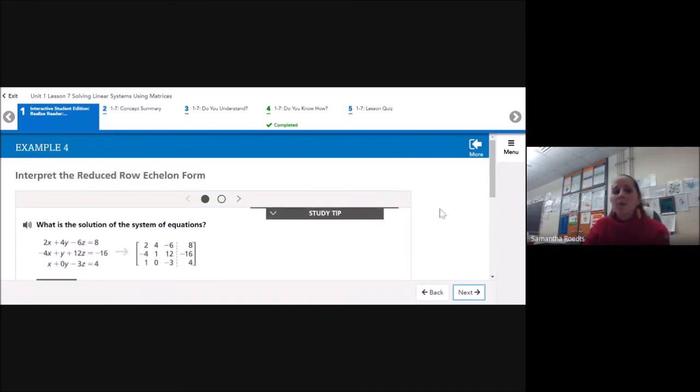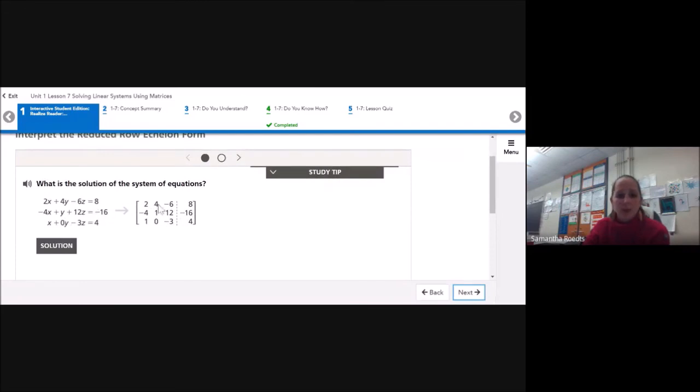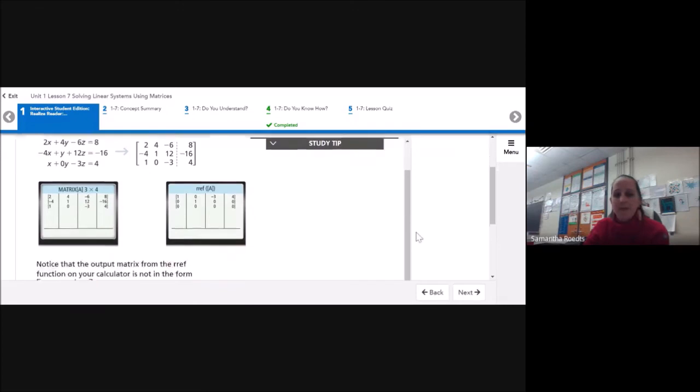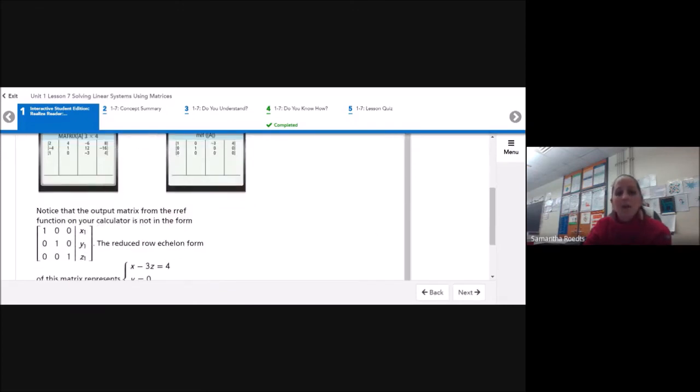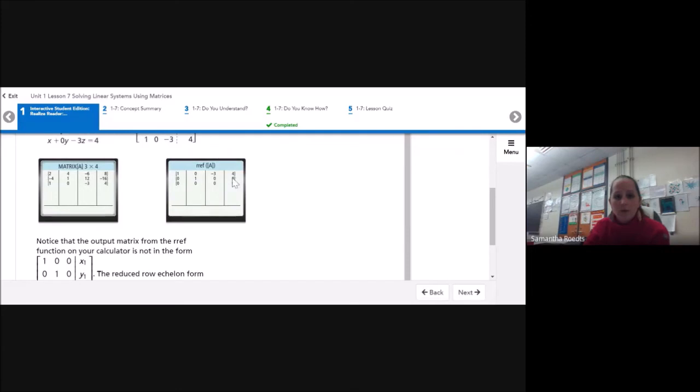All right. So example 4 is interpreting the reduced row echelon form. So what's the solution of the system? I changed this solution to this matrix. I reduced it. Yay. Notice that the output matrix from the reduced row echelon form function on your calculator is not in the form, okay, reduced row.